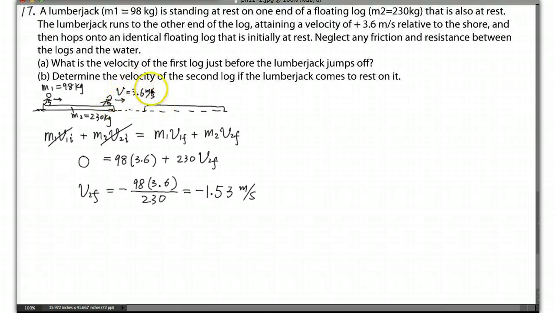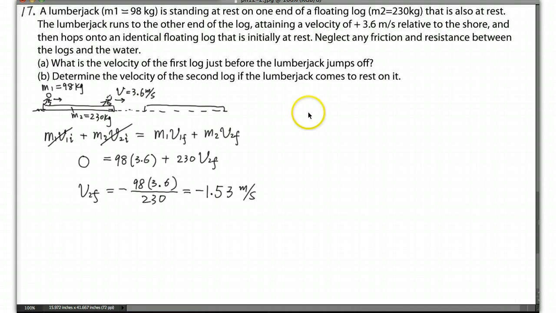Yes, it should, but we don't consider that effect. We only consider the horizontal velocity. So we assume he doesn't jump very high. The velocity 3.6 is almost horizontal. Otherwise, you can't do this question, as the angle of the velocity is not given.